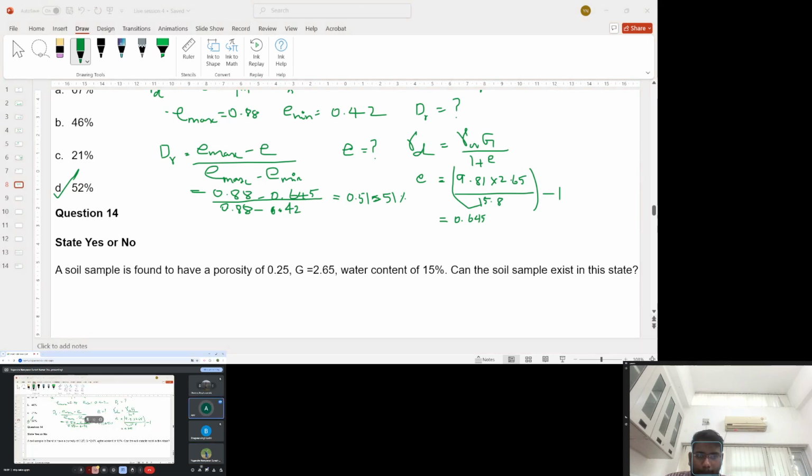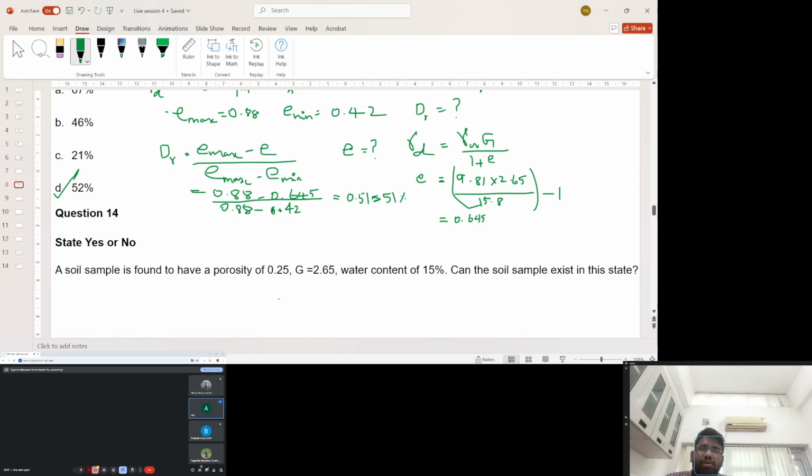I think the degree of saturation should be within the limits. It should not be out of the boundary. So the parameters we have are porosity, specific gravity, and water content. If you have porosity, you are indirectly having the void ratio.